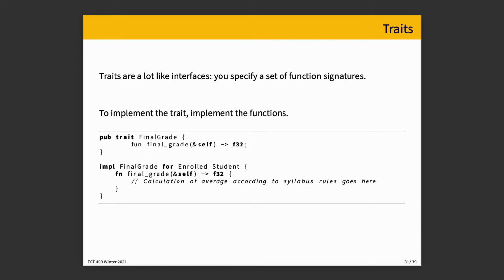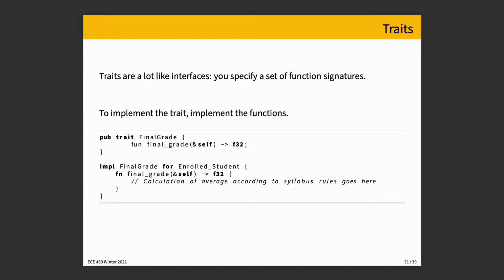And then if you want to implement that trait, you use an implementation block. It's denoted with the impl keyword at the beginning, and you say, I'm implementing here in this block the trait FinalGrade for, and then the type that we are implementing it for. In this case, I've called it EnrolledStudent. And you could imagine for this scenario, an enrolled student is a particular student in a particular course.